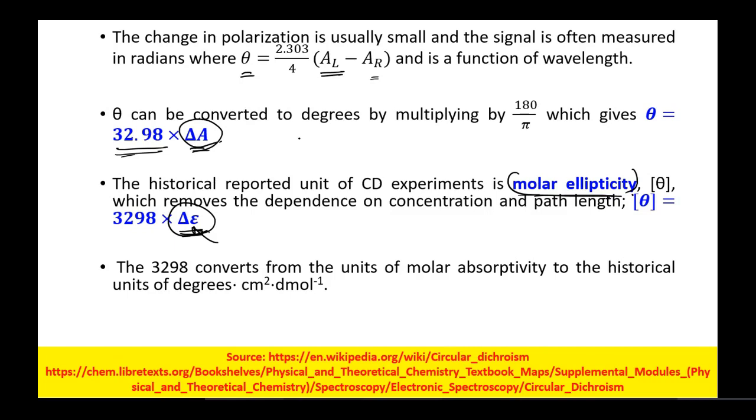So absorption is equal to epsilon B C. A is a combination of epsilon, B and C. B is the path length and C is the concentration. However, B and C are constant for a particular experiment, and what we get is basically this epsilon, which is the inherent property of the sample.